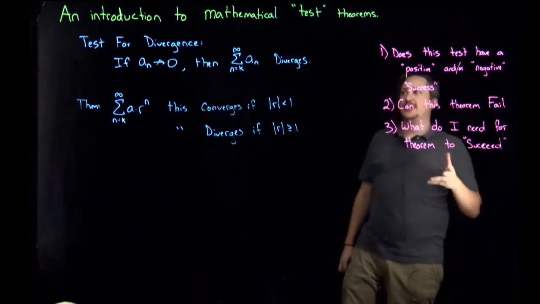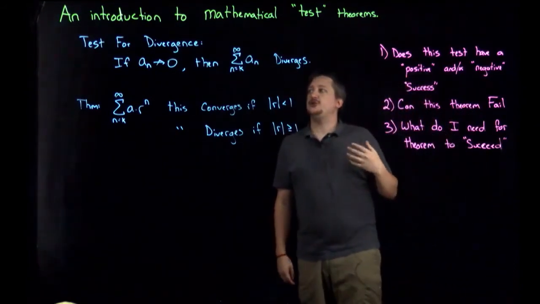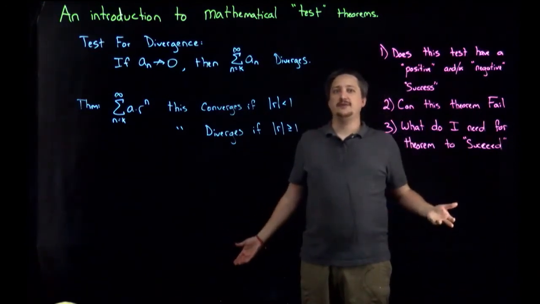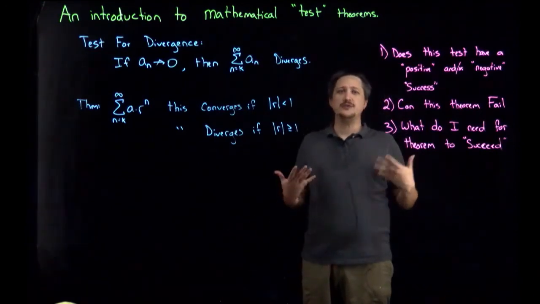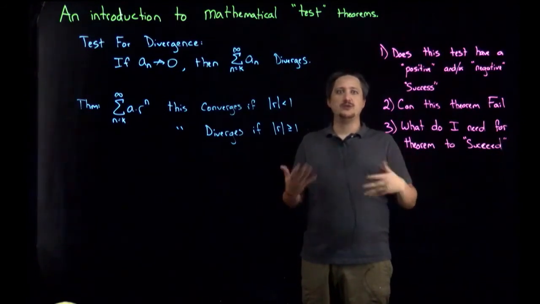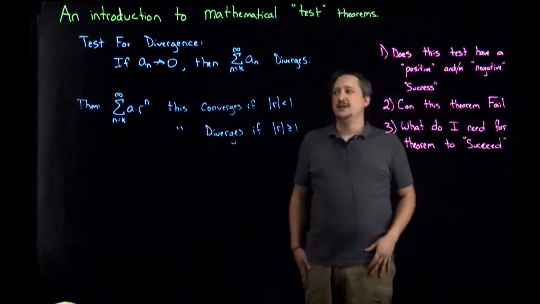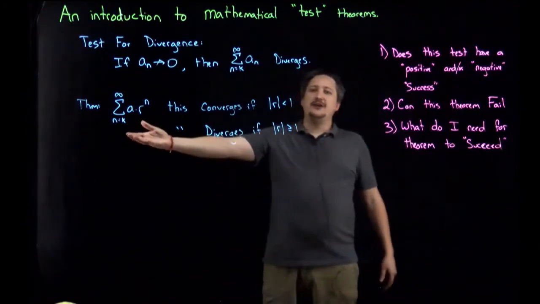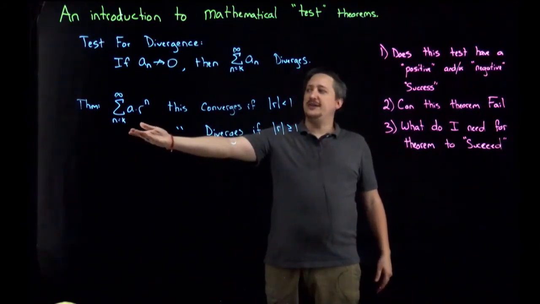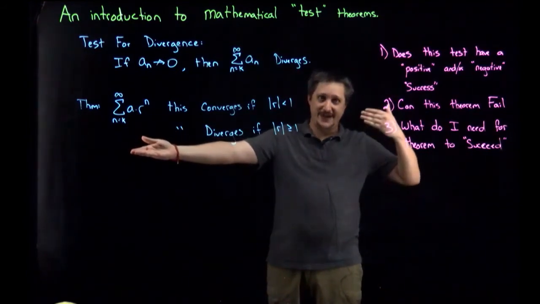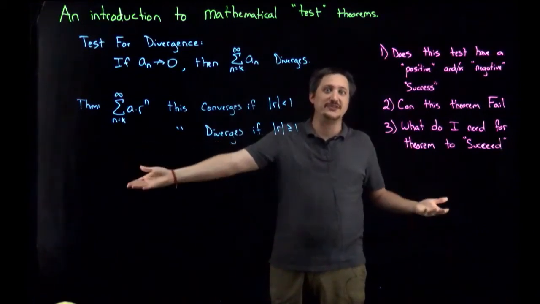The second one says, okay, is it possible that you could try to apply this thing and not get any information, right? And in some sense, that's always possible, in the sense that really what it's asking is, can you have a situation where you don't satisfy the hypotheses? Typically, you don't encounter that with a geometric series because you don't think to use the geometric series theorem until you have actually identified that it's a geometric series in the first place, right?